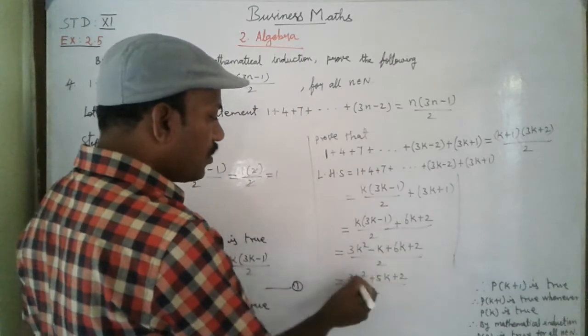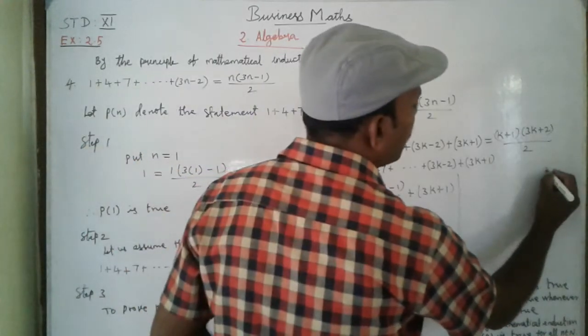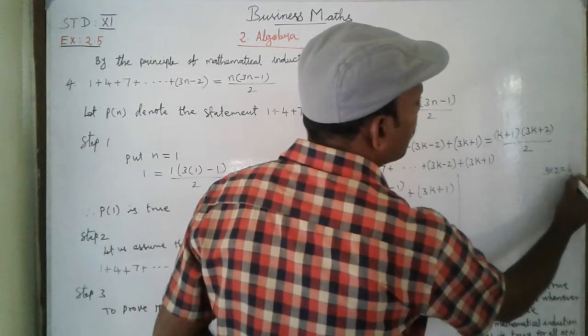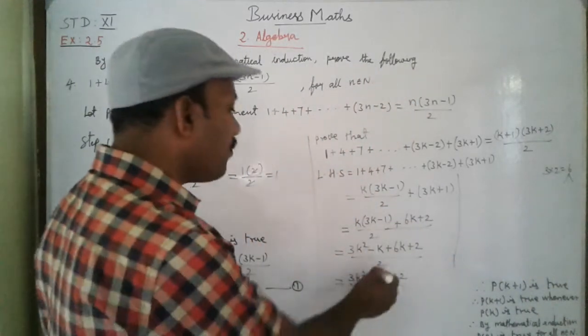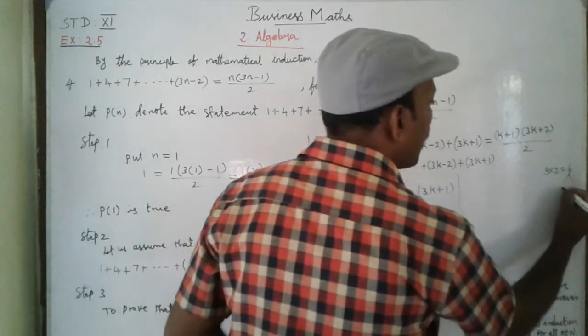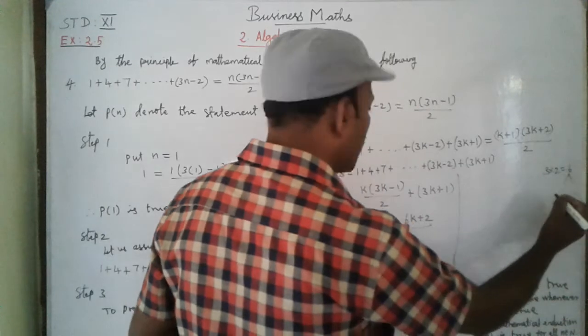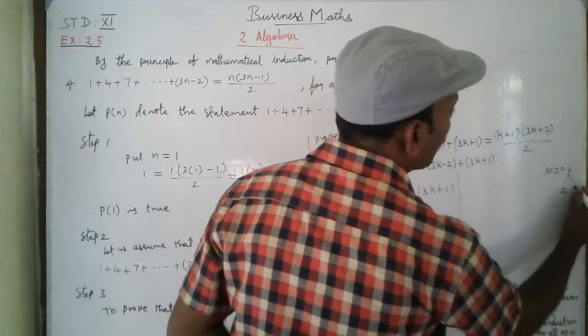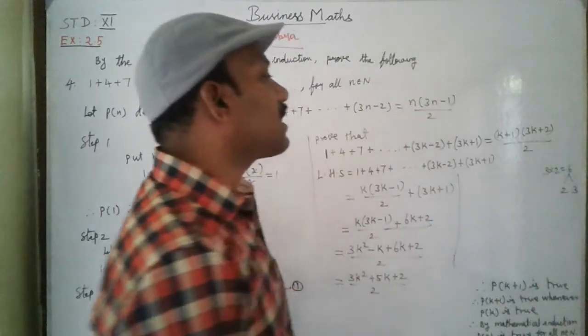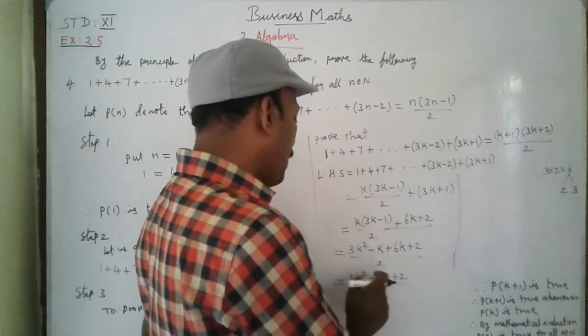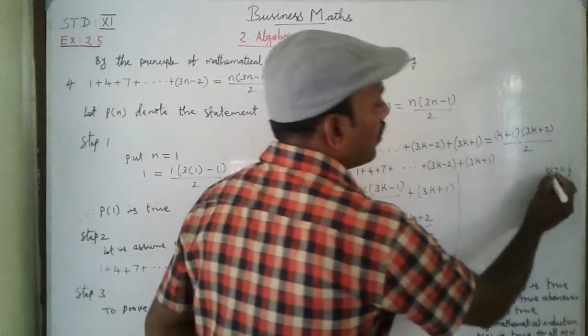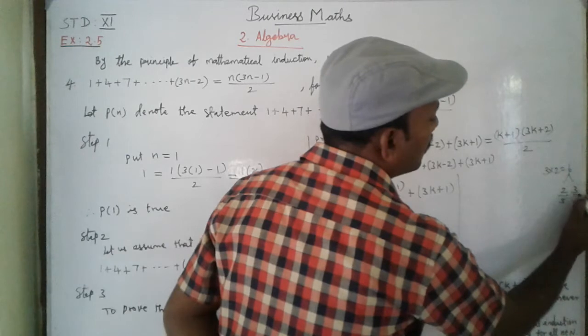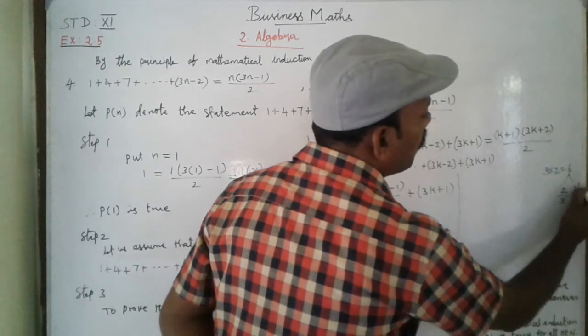Factorize: 3 into 2, 6. 3 2s are 6, multiply is 6, add is 5. 1 minus 1 into 6 is not possible. 2 3s are 6. So we should divide by 3. Divide by 3, this cancels one time.